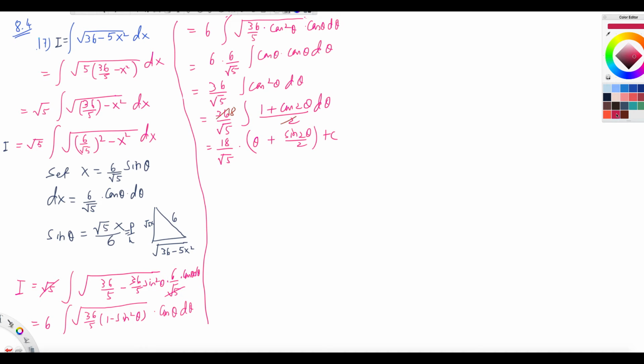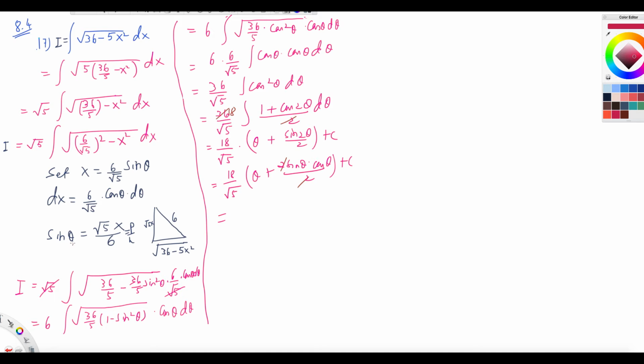What do you get then? You get 18 over root 5 times theta plus 2 sine theta cosine theta over 2, because sine 2 theta is 2 sine theta cosine theta. You can see that formula on the second page of the book. Now you can cancel those, and now let us plug back in.